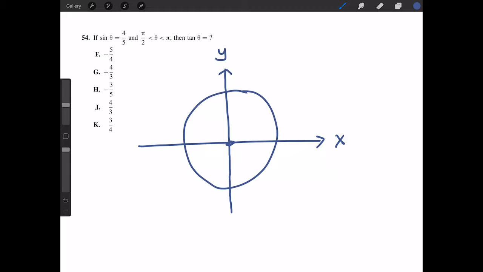So remember that we always start from the origin to the right on the x-axis. And this would be 0 degrees, right? And then as you go up, when you're perfectly perpendicular to the x-axis, this would be 90 degrees. Then if you kept going all the way halfway around, that would be 180 degrees.